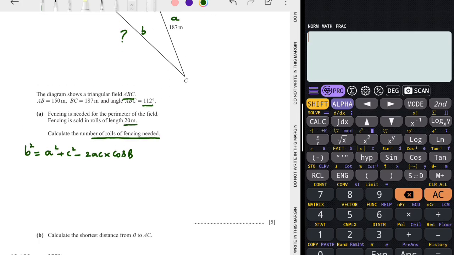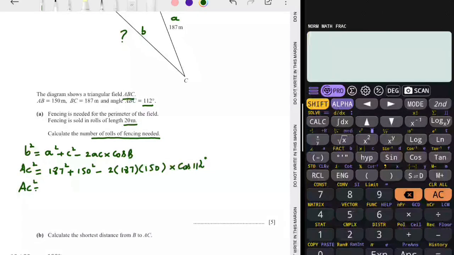B square is AC, that is unknown. So A is 187 square plus 150 square minus 2 into 187 into 150 into cos 112.